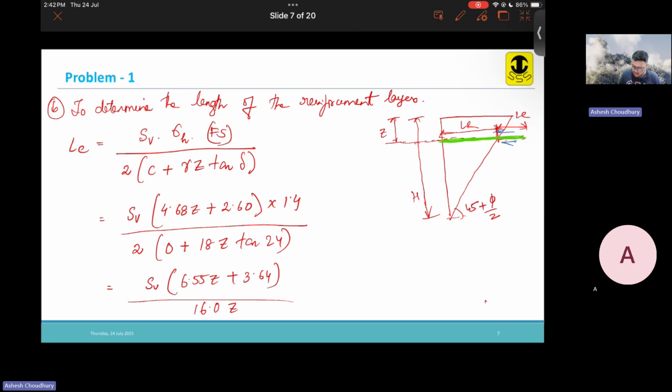So we are taking around 16, just to be conservative. So it's fine. 16 is fine.